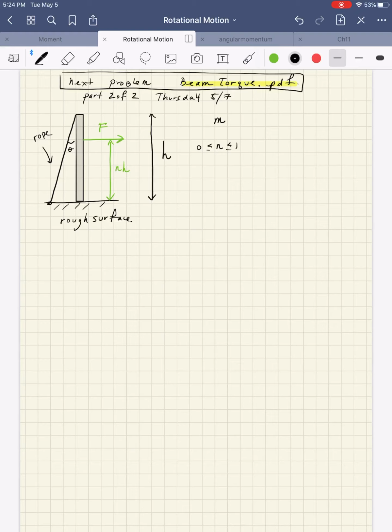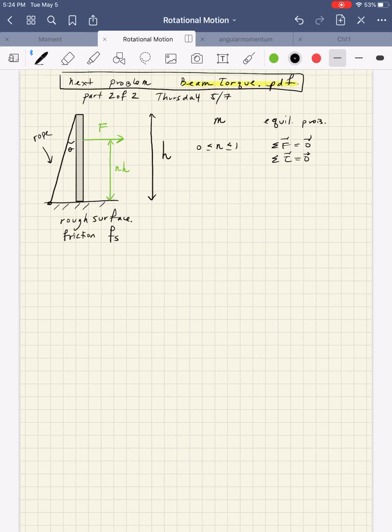So because this is a rough surface, that means there's friction here, and of course it's going to be a static friction force because there's no relative motion at this interface between the plane and the beam. So this is the setup, and this is an equilibrium problem, meaning again that the sum of forces are going to be 0 and the sum of torques are going to be 0.